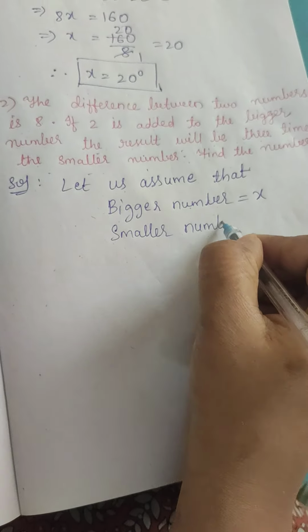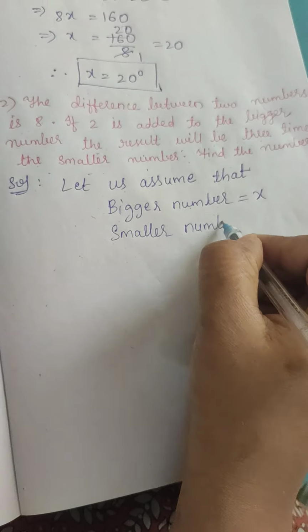Equation 2, x minus 3y is equal to minus 2. This is equation 1 and this is equation 2. If I solve, this minus becomes plus and minus becomes plus. I am multiplying by minus to cancel this.